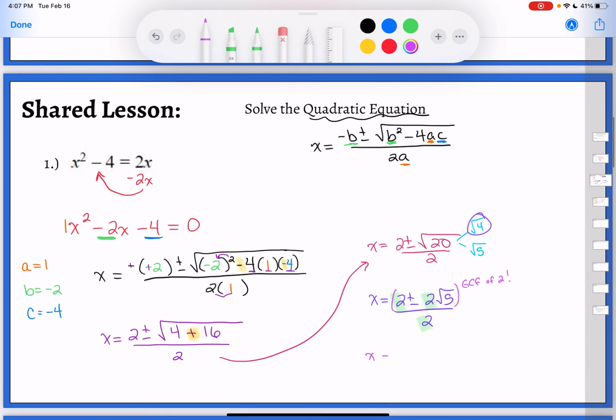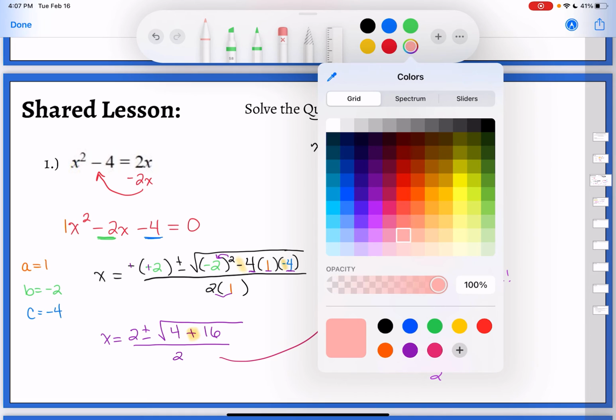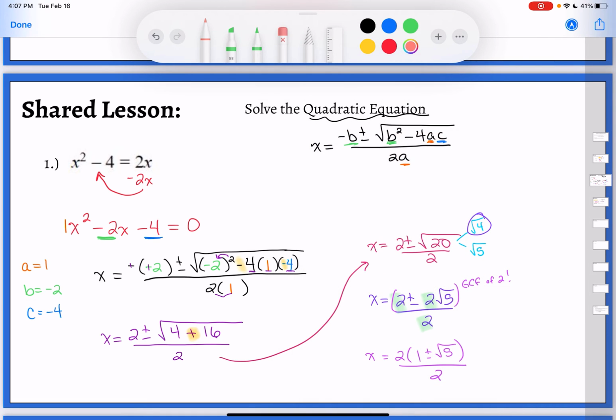Think of it as factoring out, so I'll have 2 times 1 plus or minus radical 5 divided by 2. So I just factored out that GCF of 2 on the top. And now I can just get rid of those 2's on the outside. So x equals 1 plus or minus radical 5.